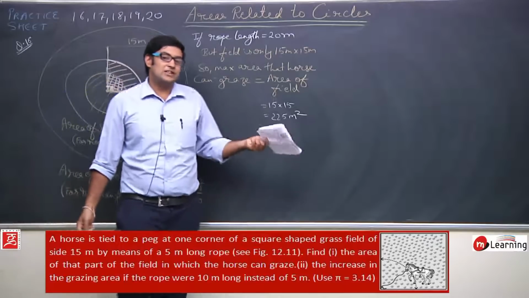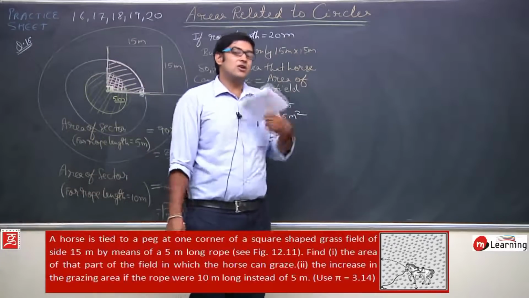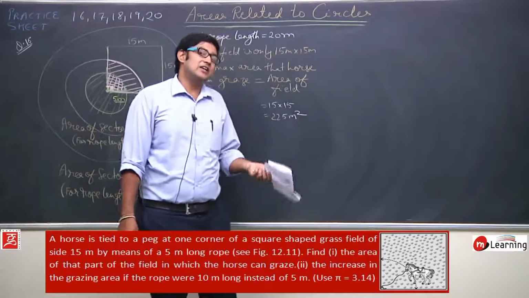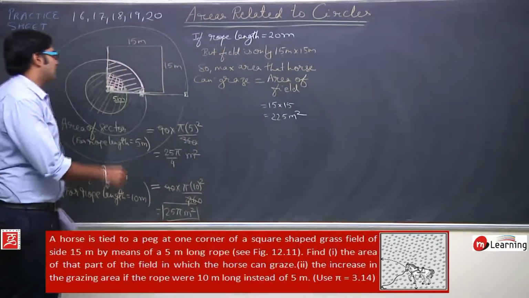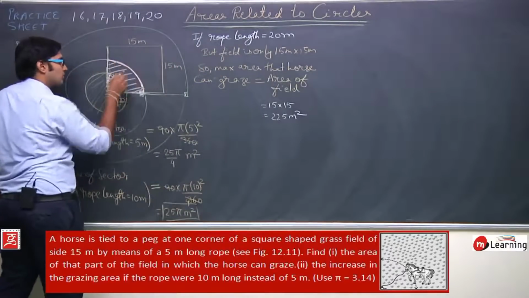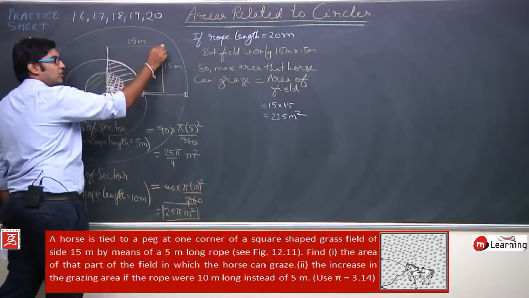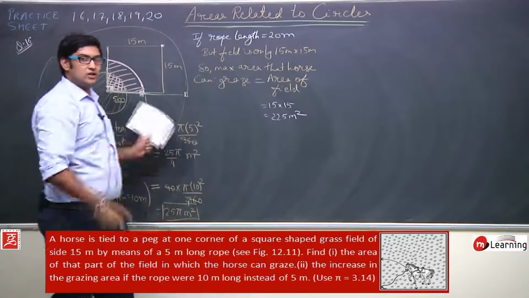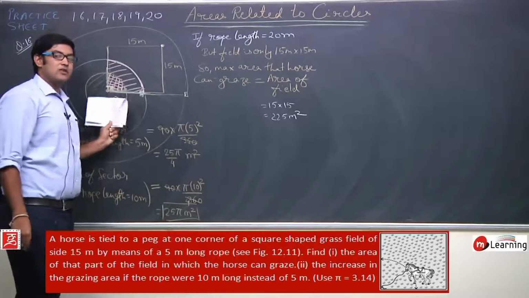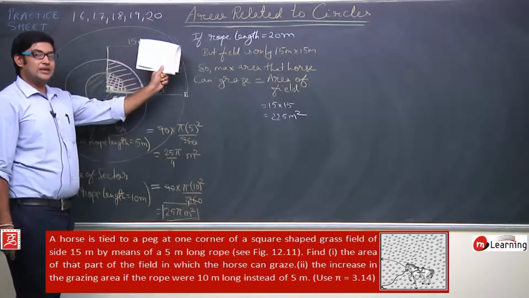So if rope length is 100 meter or 30 meter or anything greater than 15 root 2, this point is the end point, the farthest point from this pole at which the horse is tied.